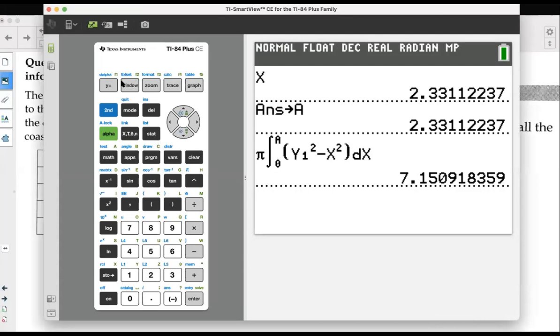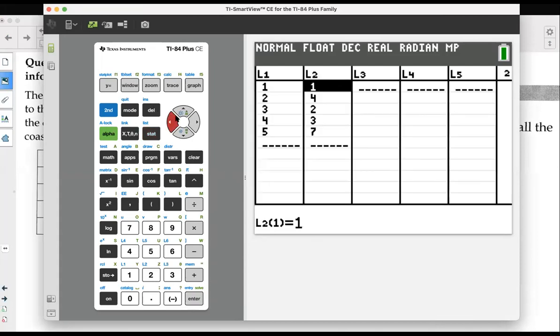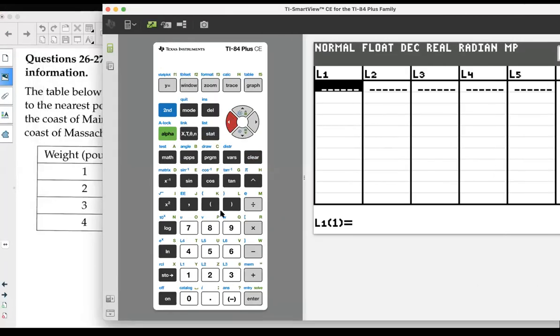what I want to do is this. I want to go to the stat, edit. Go to stat, edit, and L1, I'm going to clear everything for you for now. L1 is the values of X. L2 is the frequency. So L1 is 1, 2, 3, 4.